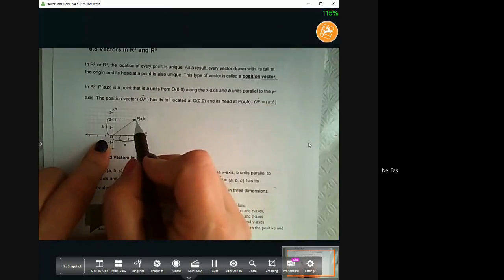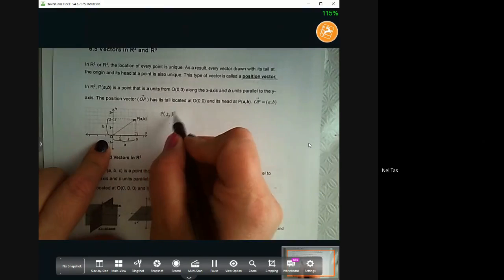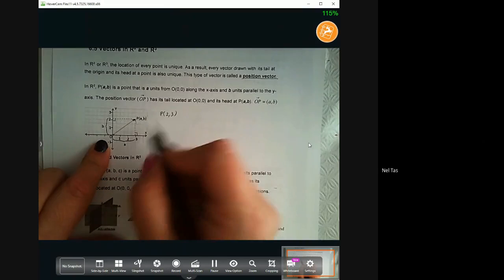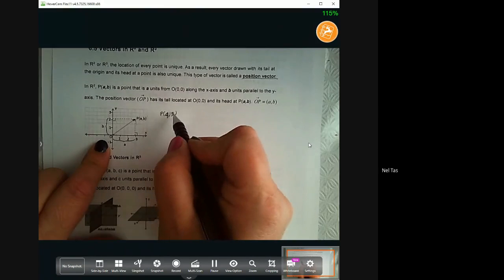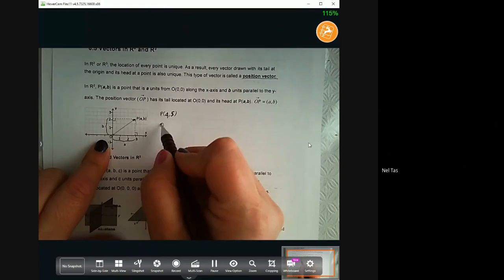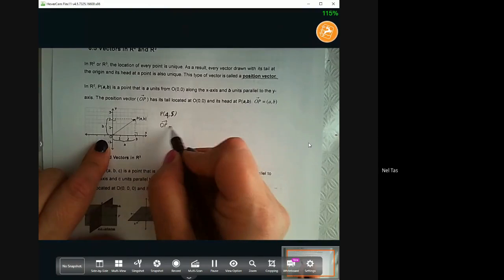So when you write, let's say you have a point (2, 3), well, in this case it doesn't matter, let's use other numbers, 4 and 5. Let's say you have point (4, 5). You can draw a vector putting the tail at the origin to get the OP vector.